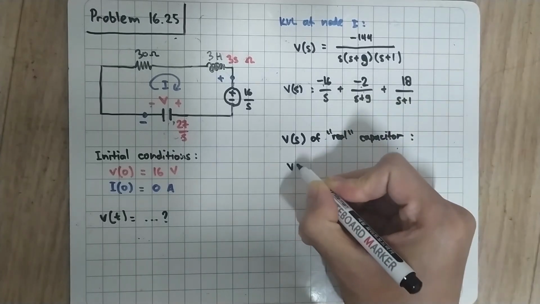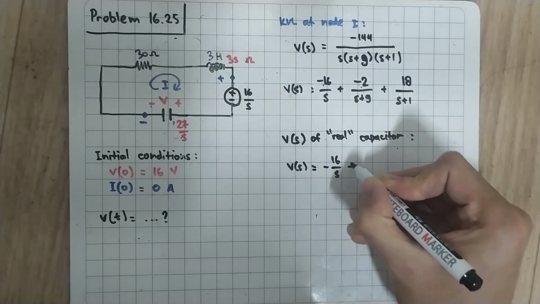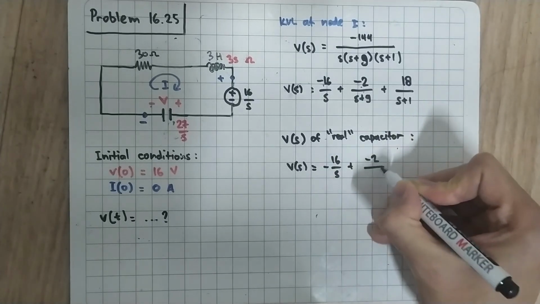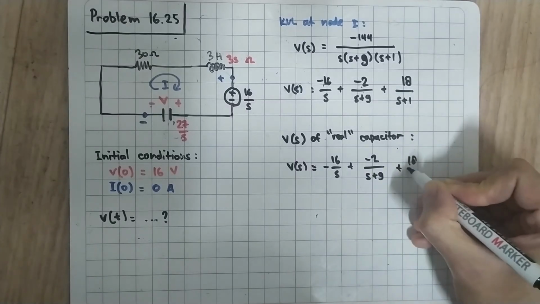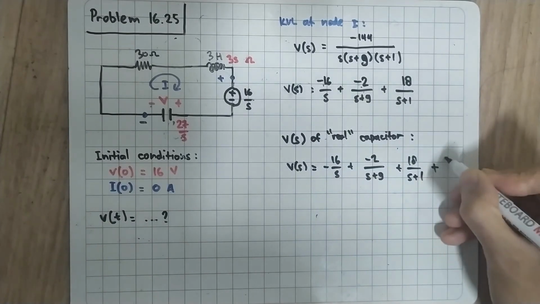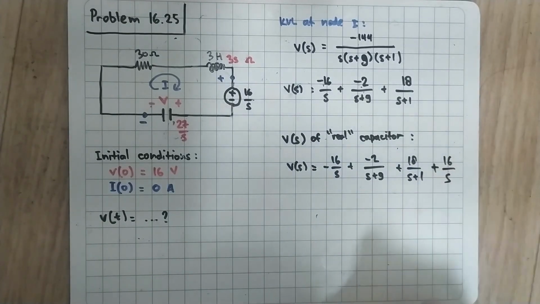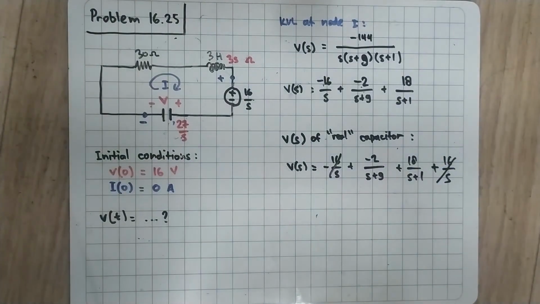So we'll have Vs is minus 16 over s plus minus 2 over s plus 9 plus 18 over s plus 1, and we need to add this voltage source. So I'll have 16 over s, and this term will cancel to each other.